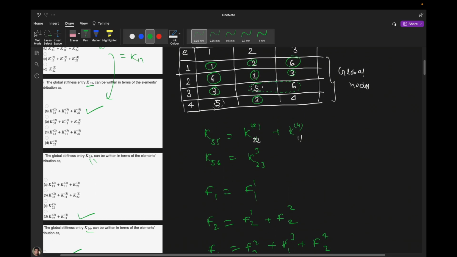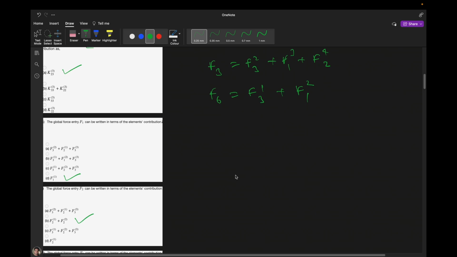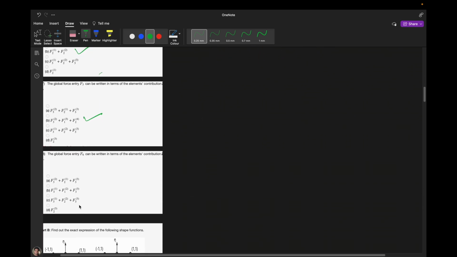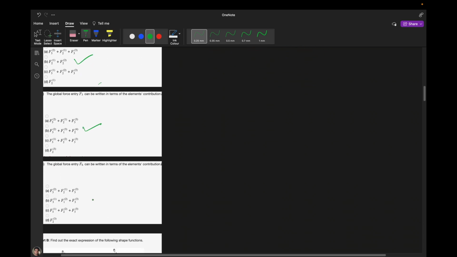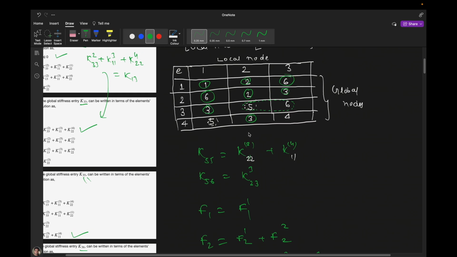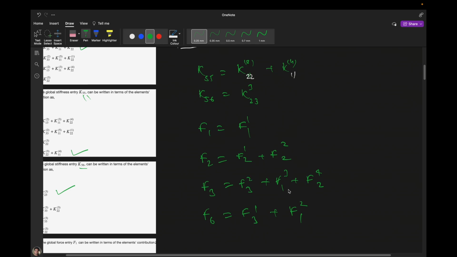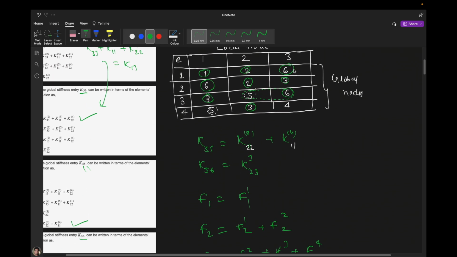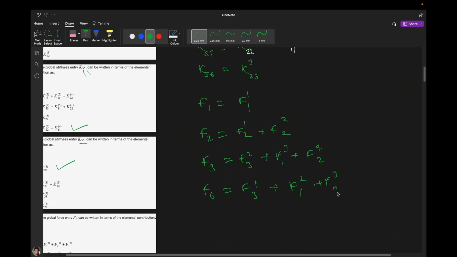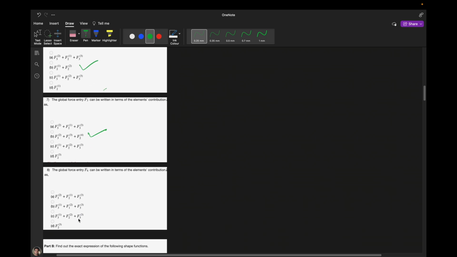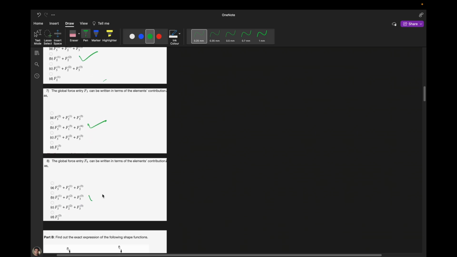For element 2, what is the local node? 1, so that will be F13 F21. I think there is one more 6. Yeah, we need to search. Yeah, there is one more, that will be for element 3 also. So for element 3, what is the local node? 3. So F13, F21, F33. Yeah, this will be the correct answer.